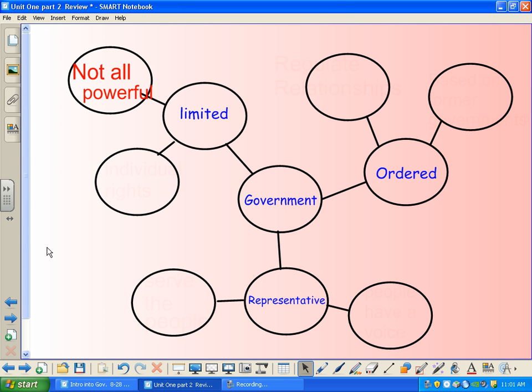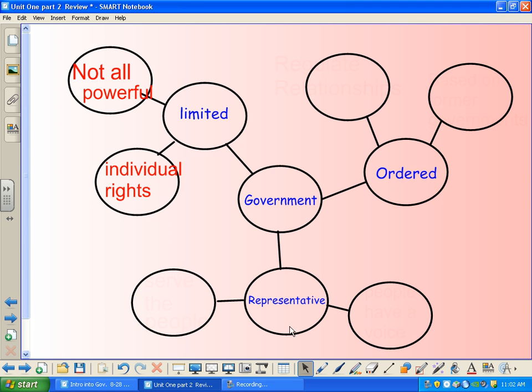We talked a little bit about our economic system and all the different things that the government is not supposed to do within our economic system, meaning it is not all powerful. Then we have limited in that it has to respect individual rights. The individual plays an important role in the government, and it should be addressed. They cannot ignore these individual rights.